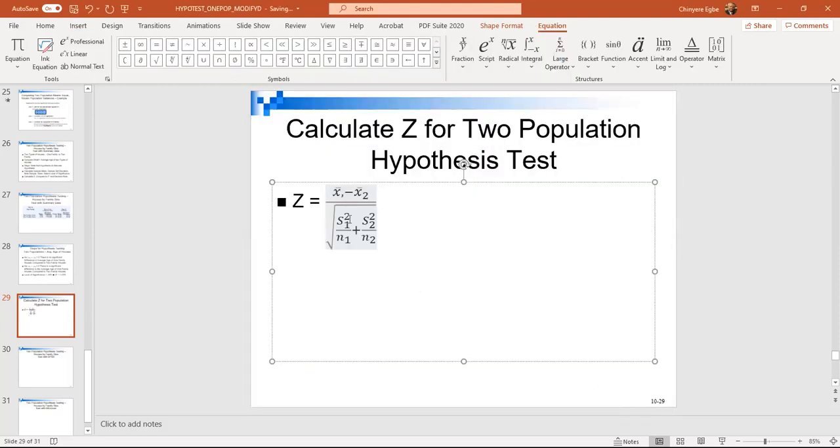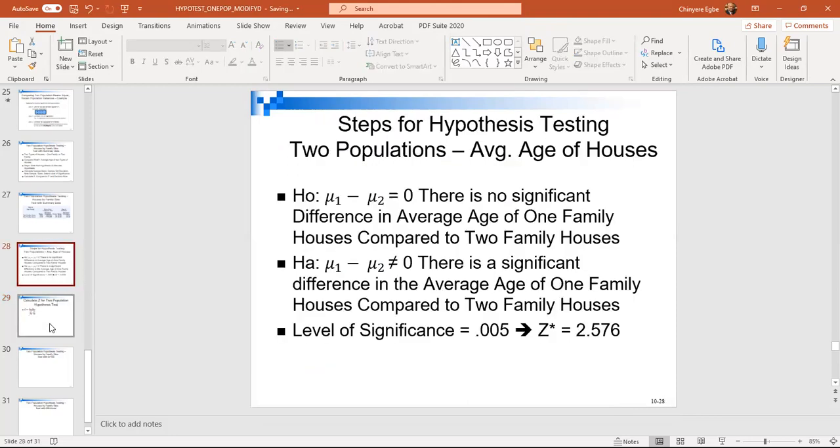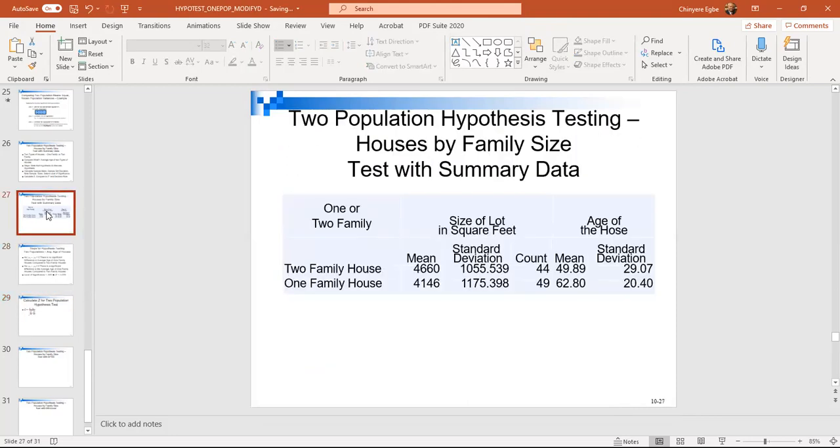Okay, so this is what we're dealing with. This is how to calculate Z for the two population test. So now that we have this, we have the information here.